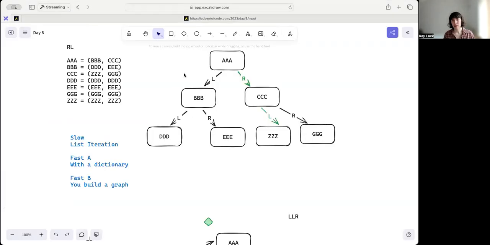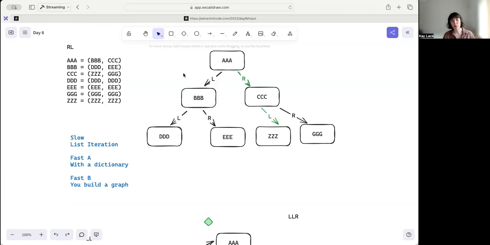Now, the way you might be able to solve that is maybe you can make direct connections between lines in the graph.